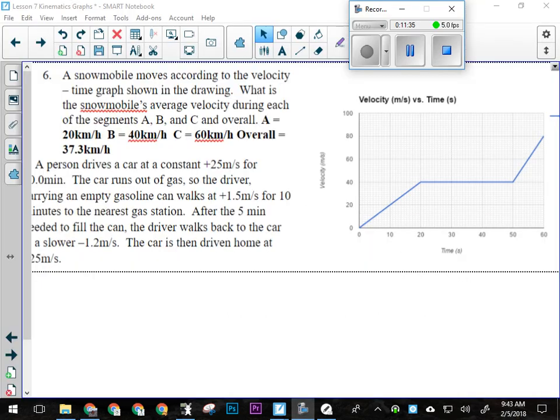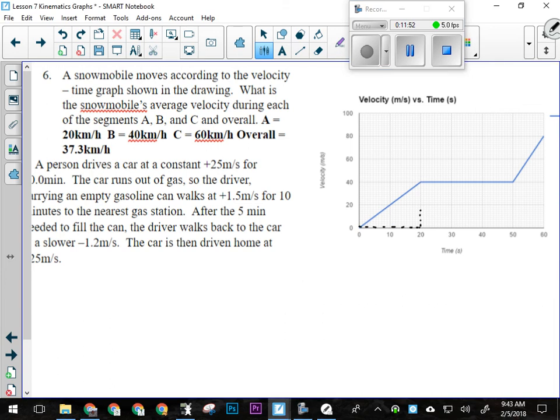Let's have a look at this one because I didn't exactly go over how to do this. I thought I'd see how many of you would figure it out. If I want to calculate average velocity, I need total displacement and total time. Can I find the displacement of the object during the first 20 seconds from this velocity versus time graph? I just have to find the area of this triangle, because that will be average velocity times time.